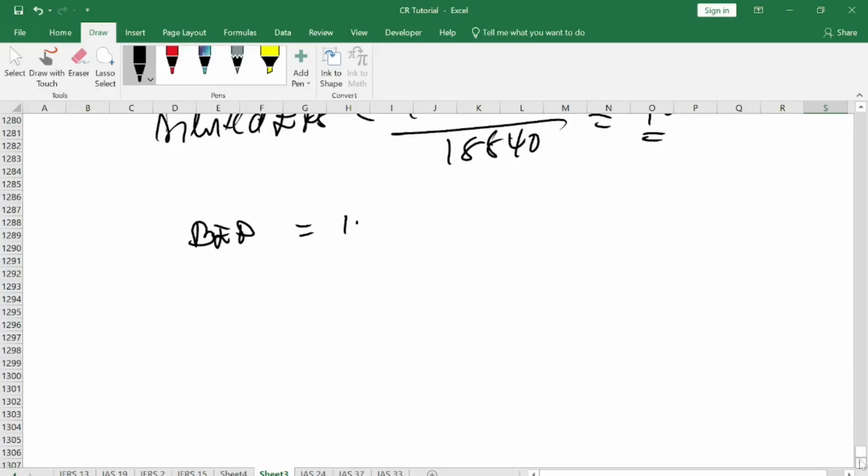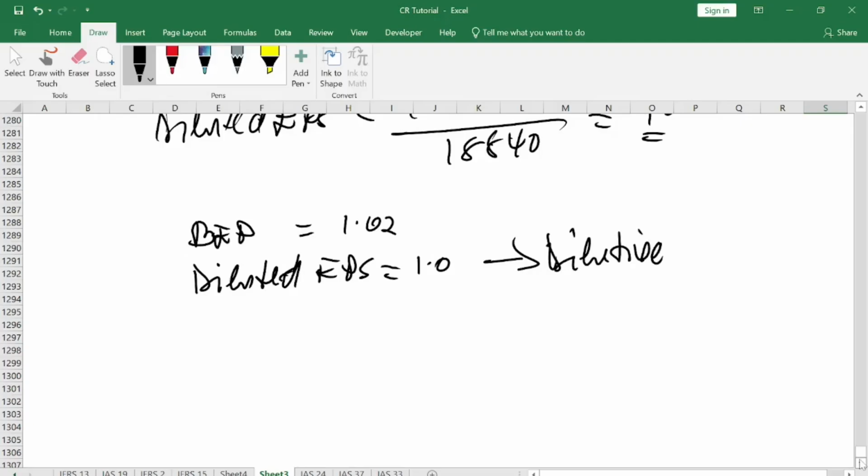So now you know our basic earning per share is 1.02, and our diluted earning per share is now 1.0. All right, so for the financial statement, this is dilutive. If your diluted earning per share is less than the basic earning per share, we say that it is dilutive.